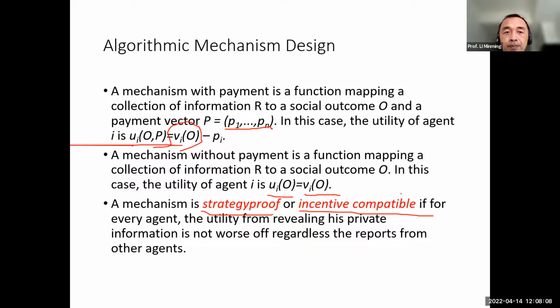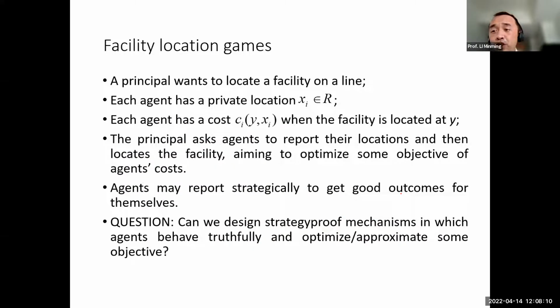Now we come to the definition of the problem. What's a facility location game? There are a bunch of agents, and these agents have a private location, say Xi. In the end, you want to locate one facility at location Y. The agents' benefit is usually their distance towards the facility: the larger the distance, the less benefit they have.